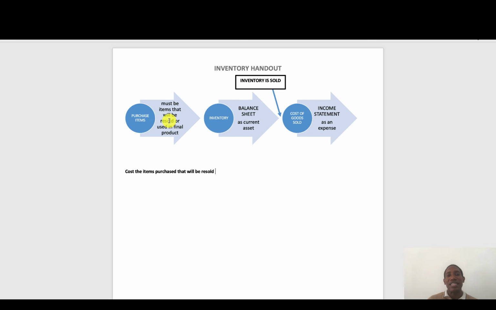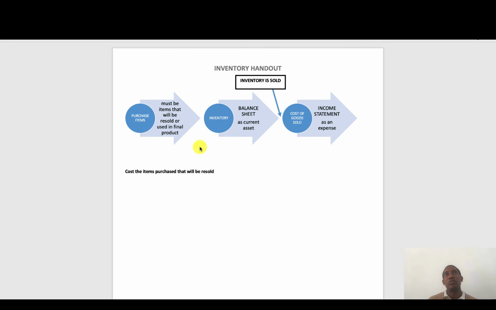Now, this idea of purchasing items to be resold is very, very important, because if a company purchases items without the intention of reselling them, then that's not an inventory item. For example, Walmart can buy pens and pencils and then sell them to consumers. But Walmart also uses pens and pencils itself. When Walmart buys pens and pencils for its own employees to write with, that's not inventory, that's supplies.